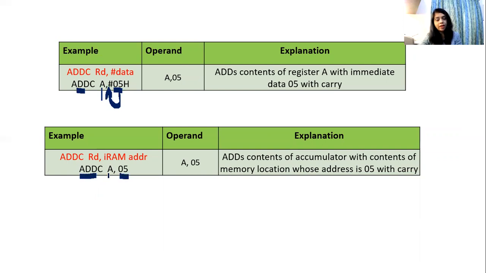Add the contents of accumulator with the contents of memory location whose address is 05 with carry and store result in accumulator. So similar as I have discussed earlier, but here what is the difference? Since it is ADDC, we have to consider carry flag. If carry is 0, it will add 0. If carry flag is 1, it will add 1.